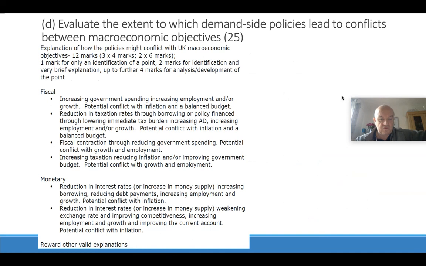And then also, looking at how we can consider the conflict, okay, and looking in this case at some detailed views on both fiscal and monetary policy, which are both considered to be demand side policies, as we know, and some of the issues around each one of them having some sort of conflict, particularly given the macroeconomic objectives that you're trying to explain.